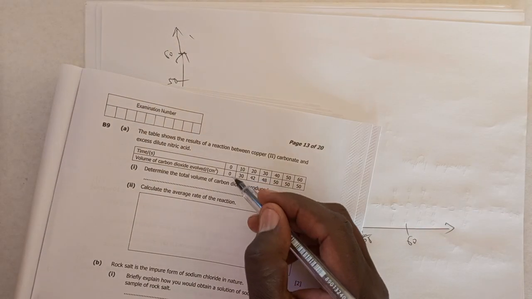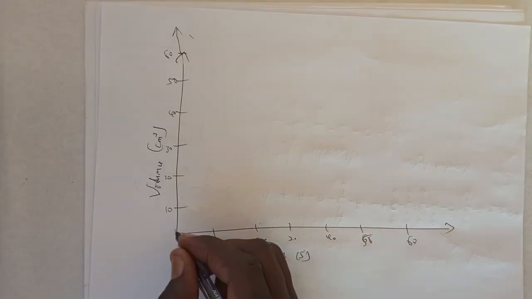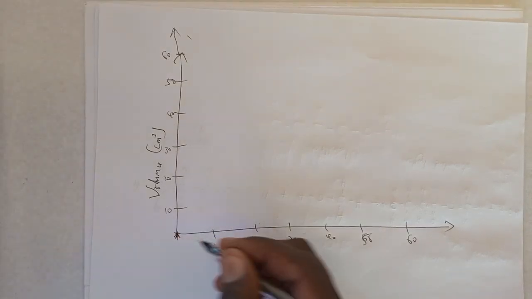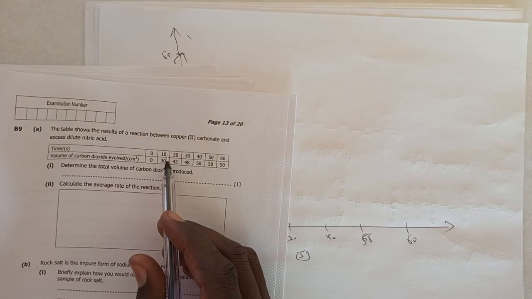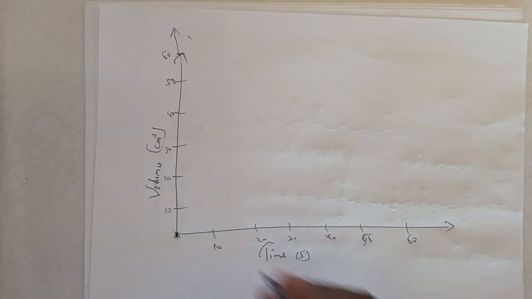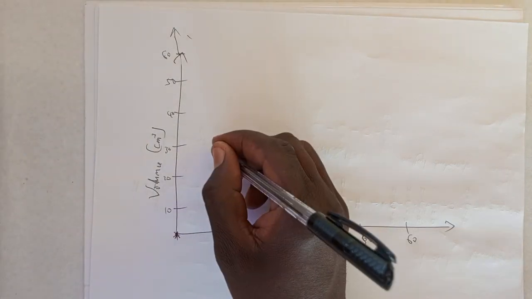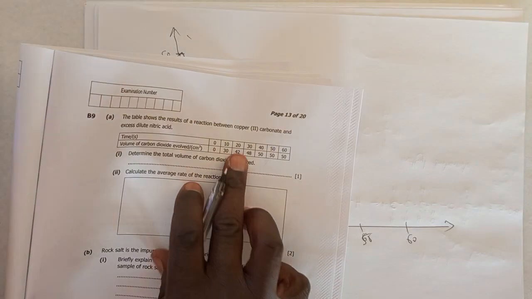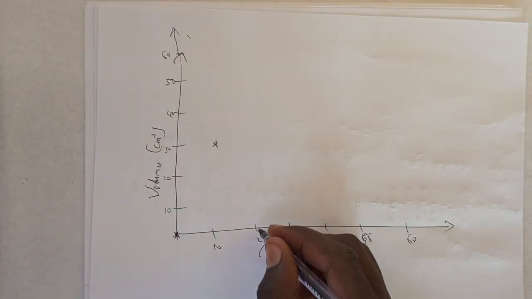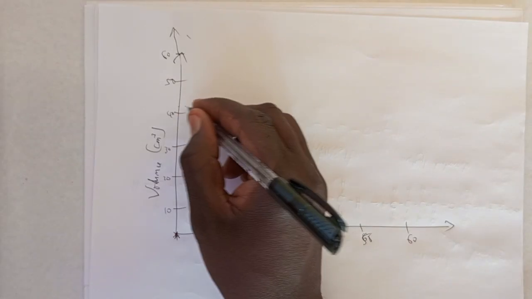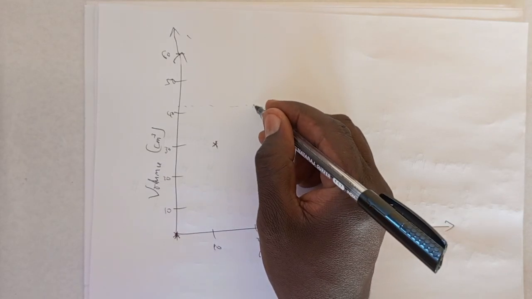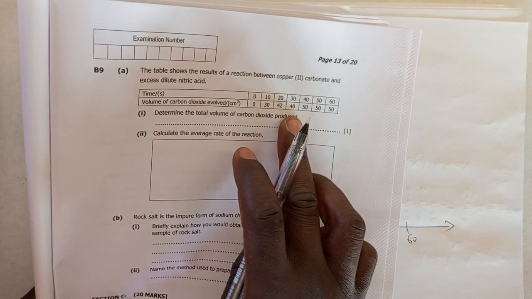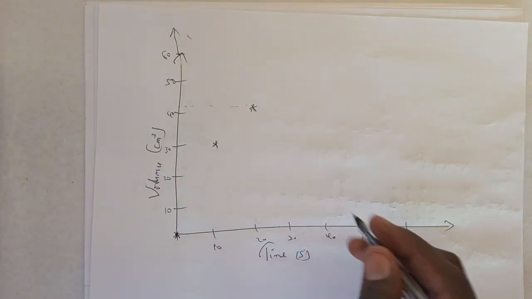At 0 time, the volume was 0. At 10 seconds, the volume was 30. At 20 seconds, the volume was 42. And at 30 seconds, the volume was 48.